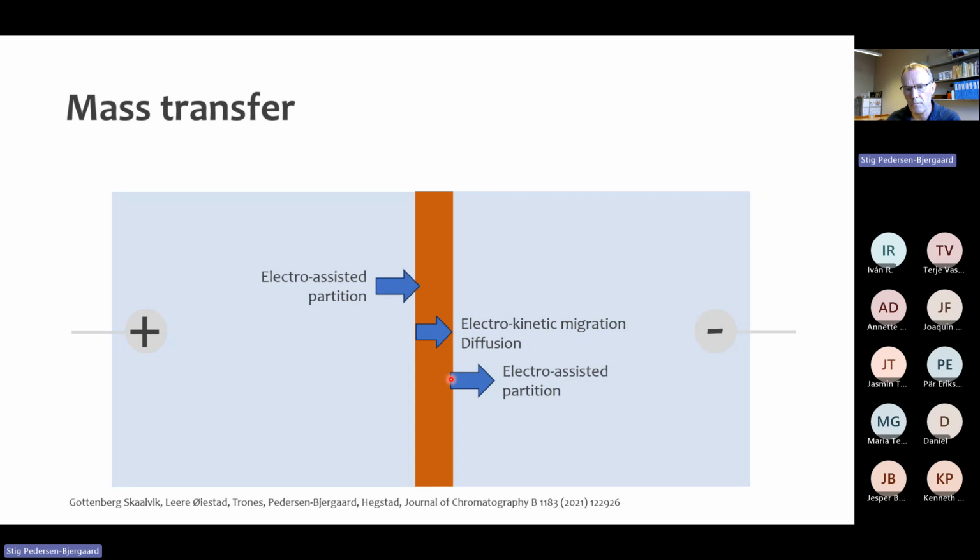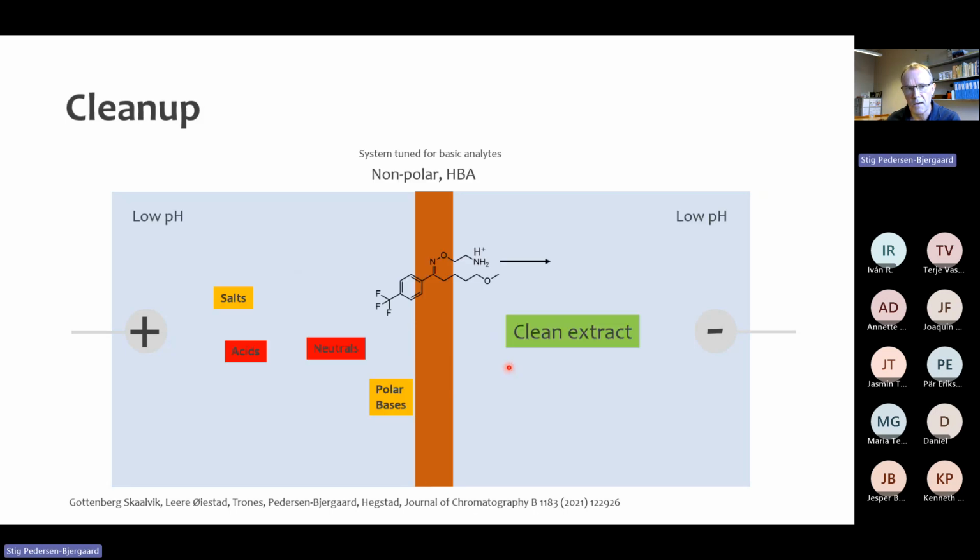And then when it comes to the borderline to the acceptor solution, we have another electro-assisted phase transfer, or electro-assisted partitioning, into the aqueous acceptor solution. So it means that because we have such a system, we get very nice cleanup.